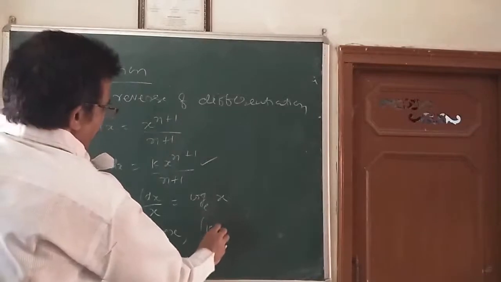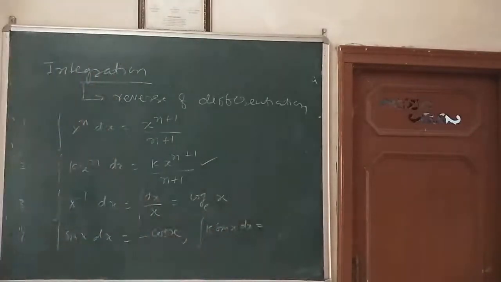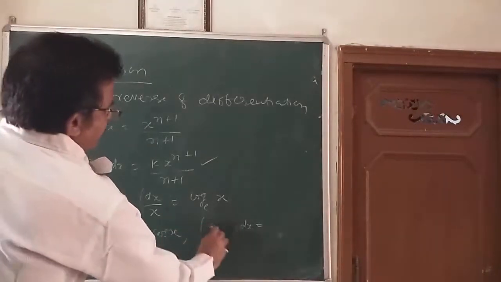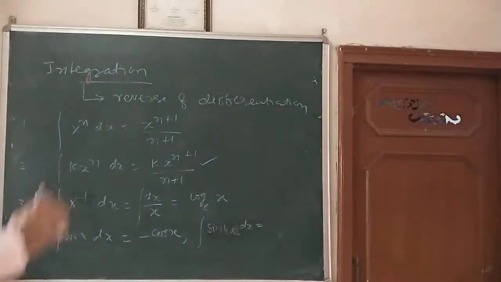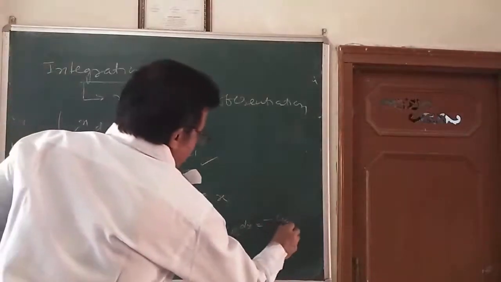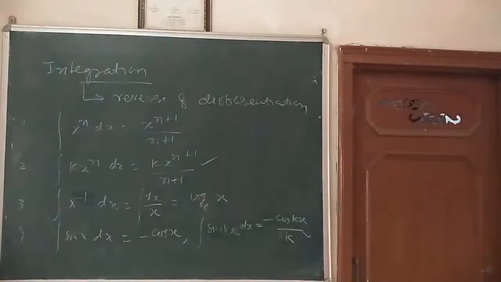Similarly, integration of sin kx dx, k is constant here, is minus cos kx divided by k. This is the result.